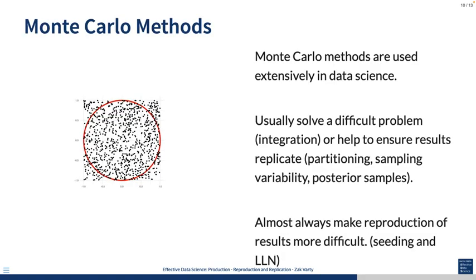The first sticking point is Monte Carlo methods, which are any modelling, estimation, or approximation technique that leverages randomness in some way. We've seen examples of this already to improve the probability of a successful replication, with the most obvious example being the random allocation of data in a training or test split.